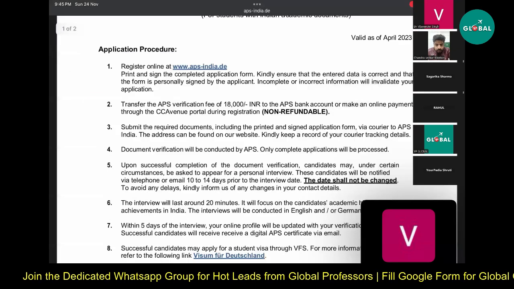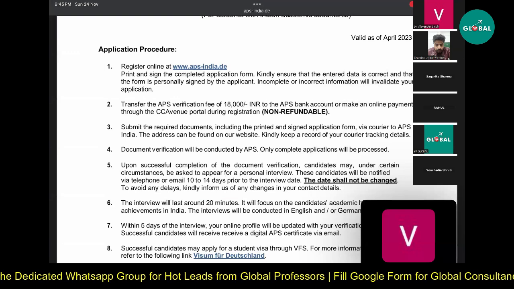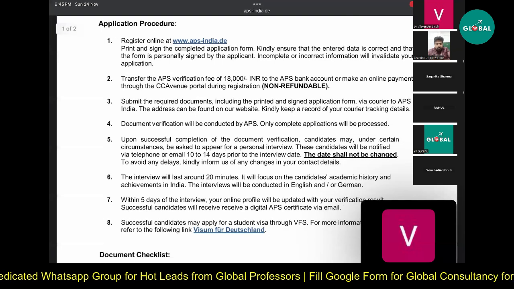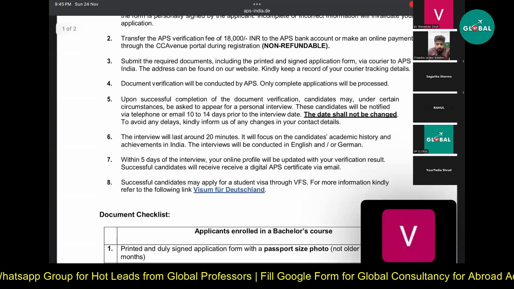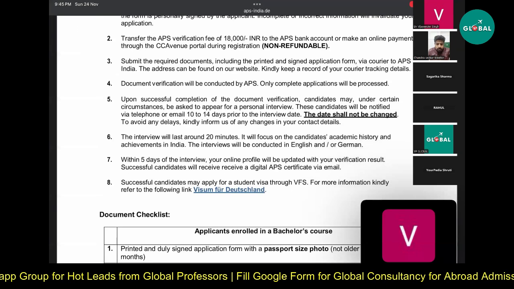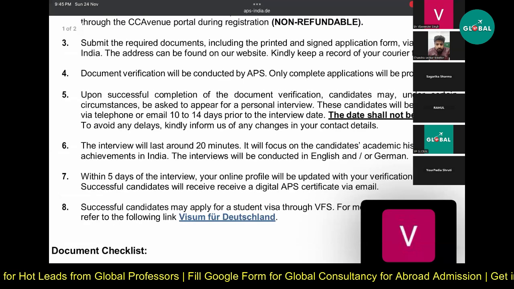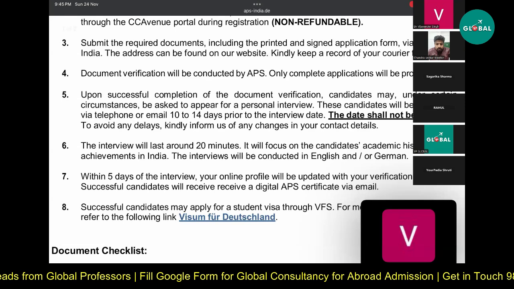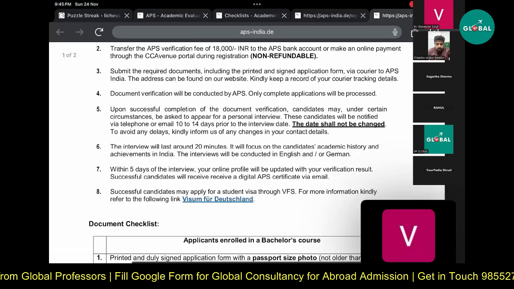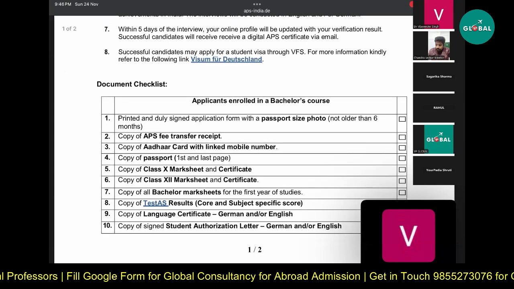The cost remains the same, that is 18,000 rupees. But there is a little bit of change. You can see the sixth point simply says that you have to appear for an interview. That is a separate requirement. It's totally up to them if they want to conduct your interview or not.